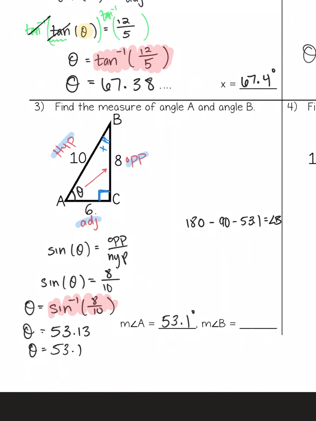So 180 minus 90 minus 53.1 is 36.9. So angle B is 36.9 degrees.